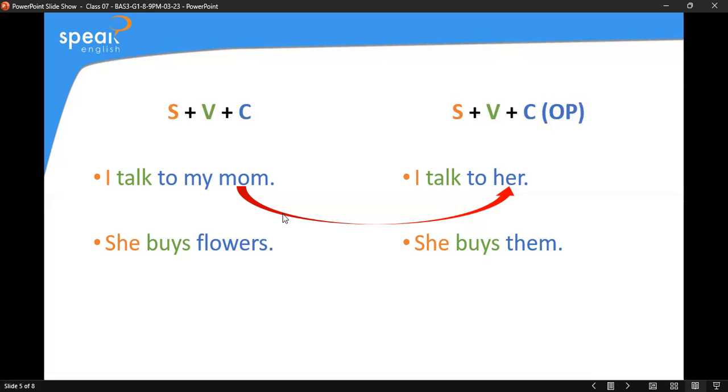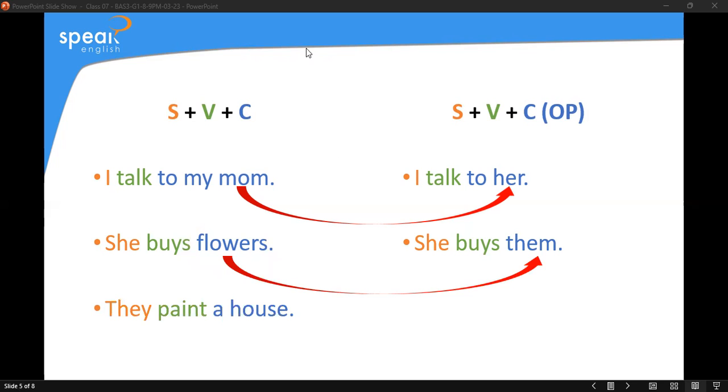Again, as you can see in the examples, flowers is the original word, but they are in plural. So I can say them because it is the same as if I am saying they. Okay, she buys them. She buys flowers. So them is making reference to the flowers. Let's continue. Can you read the next example, please, David Machado?